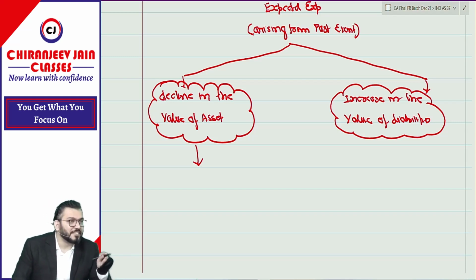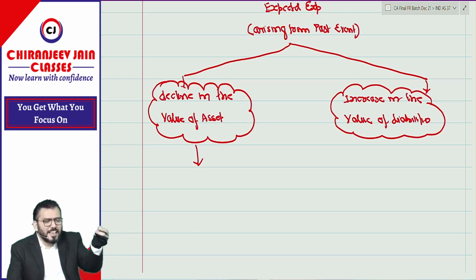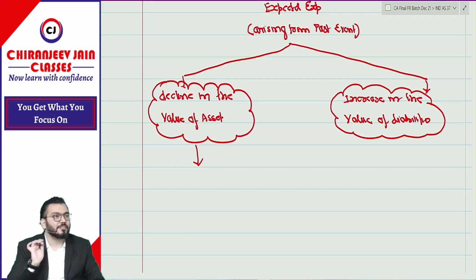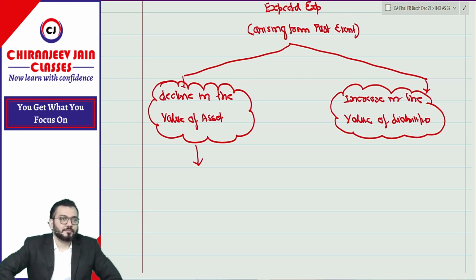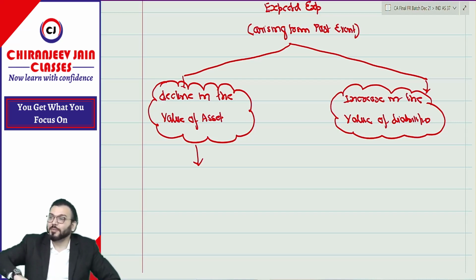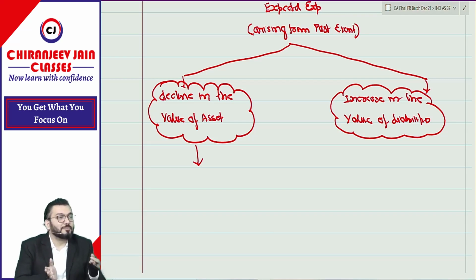Decline in the value of asset. Whenever I am saying asset, all assets will come into this category. Can you give me any example for decline in the value of asset which is covered in this topic? Bad debt. Very good. But which bad debt?